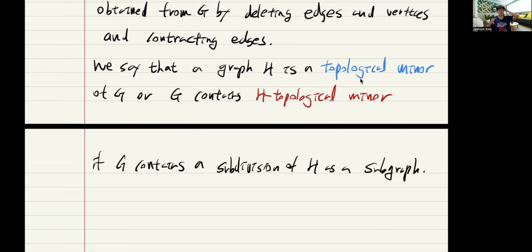So in other words, sorry, the other way around: delete some vertices, delete some edges, and then you replace paths with edges so that you obtain H. Then you say that G contains an H topological minor.